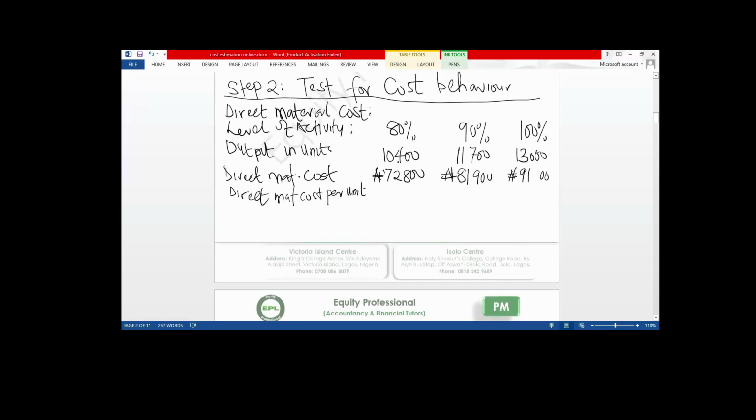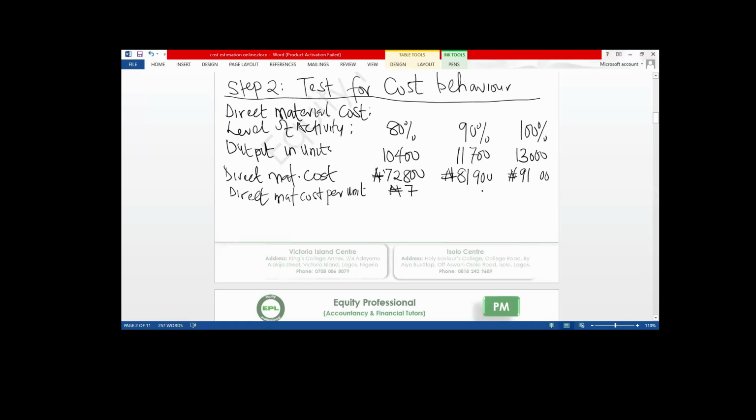At 80%, the company produced 10,400 units. Total material cost 72,800. Please, what is material cost per unit? Divide 72,800 by 10,400. 7 naira. Move to the next level.